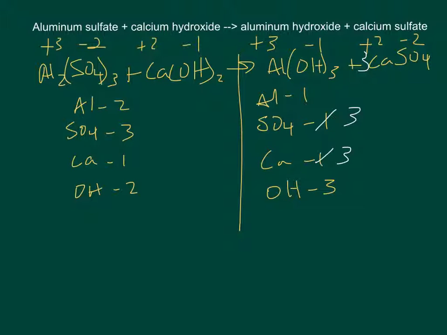So if I have 3 on the reactant side, which also gives me 3 calciums, and then gives me 6 hydroxides, and then I'm going to do a 2 here. That's going to give me 2 aluminums and 6 hydroxides, and it looks like we are done. So I've got a 2 and a 2, 3 and a 3, 3, 3, 6 and 6. Alright, so we are done with that one.